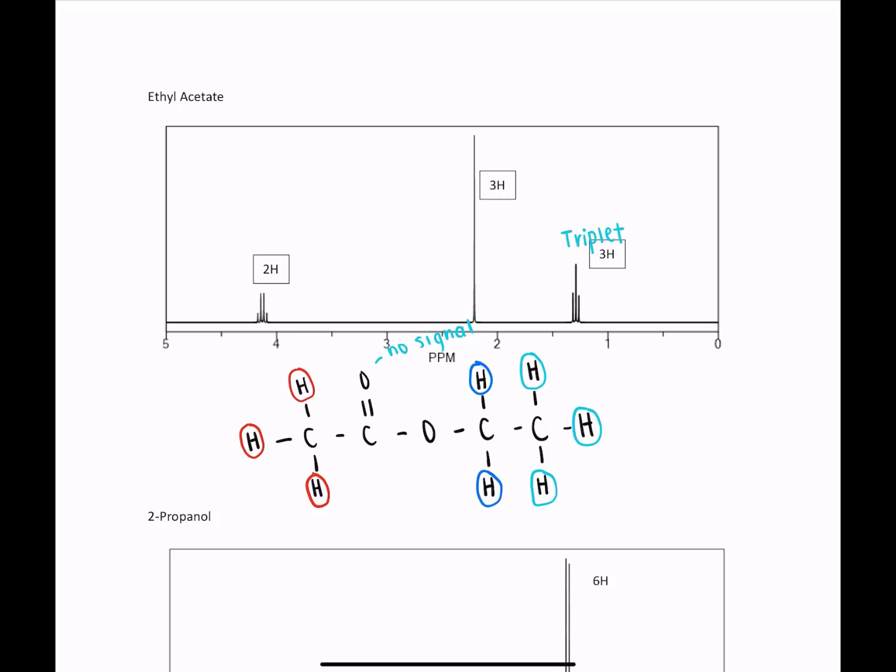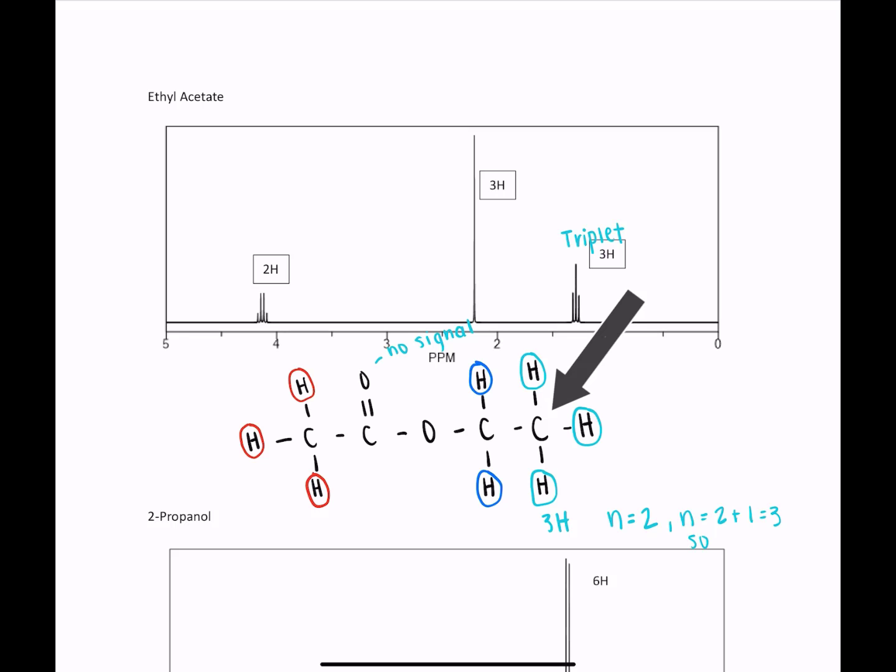So our carbon on the right has 3 hydrogen atoms attached to it, and the adjacent carbon to the left has 2 hydrogen atoms attached to it, so n equals 2. So we know that n plus 1 equals 3.